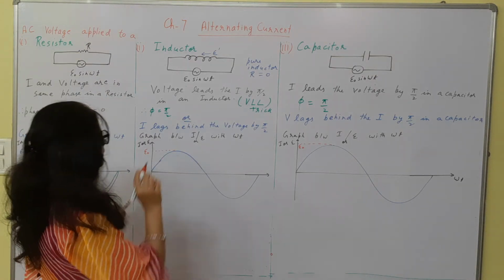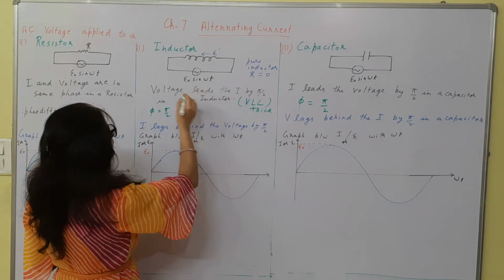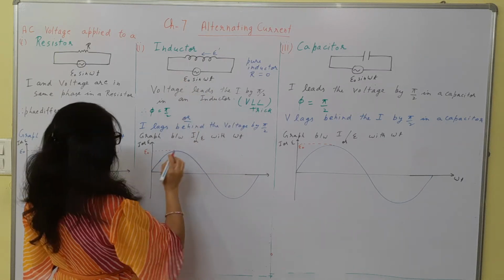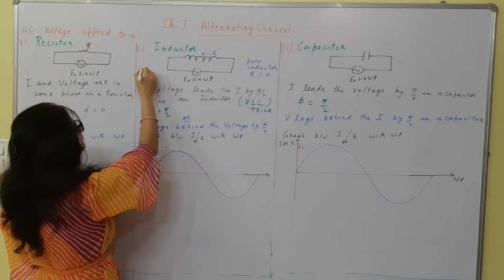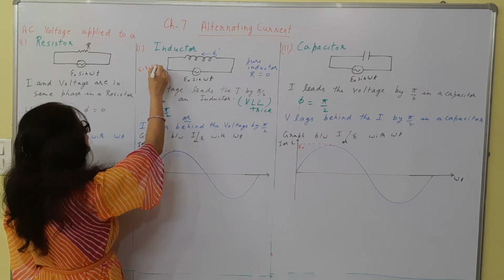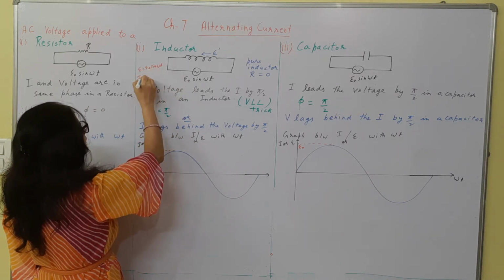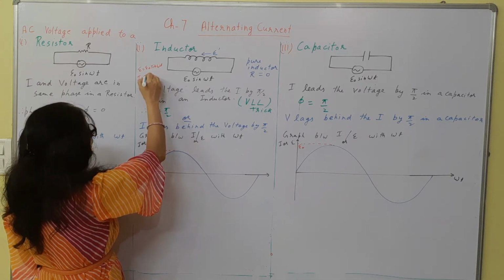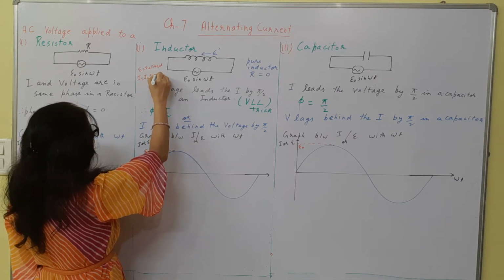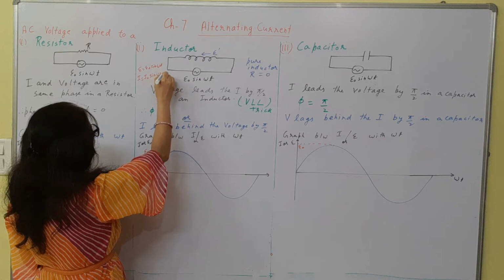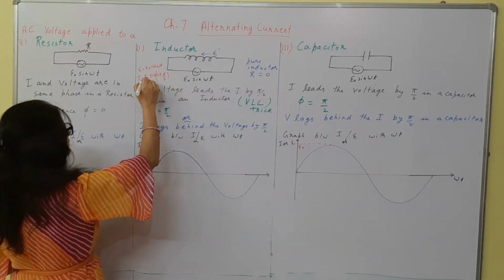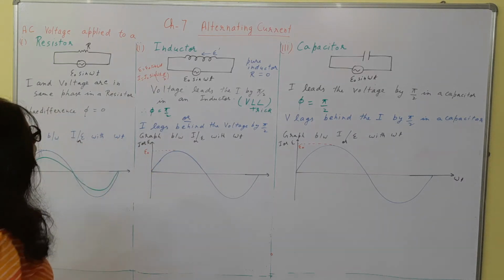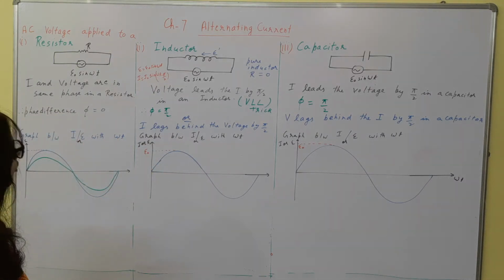So what is the expression for current in this case? You know that E is E naught sin omega t and current is I naught sin omega t minus pi by 2, right? So that means you can say that this is minus cos omega t.